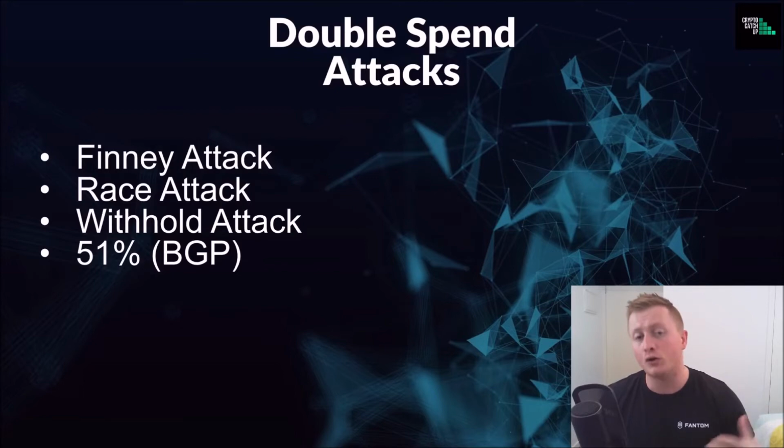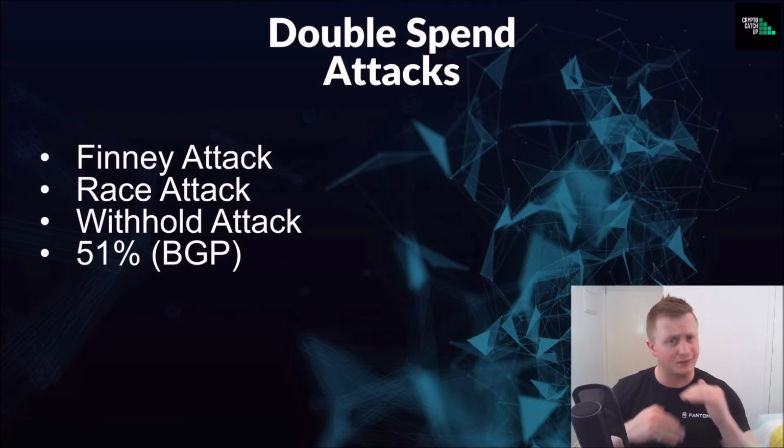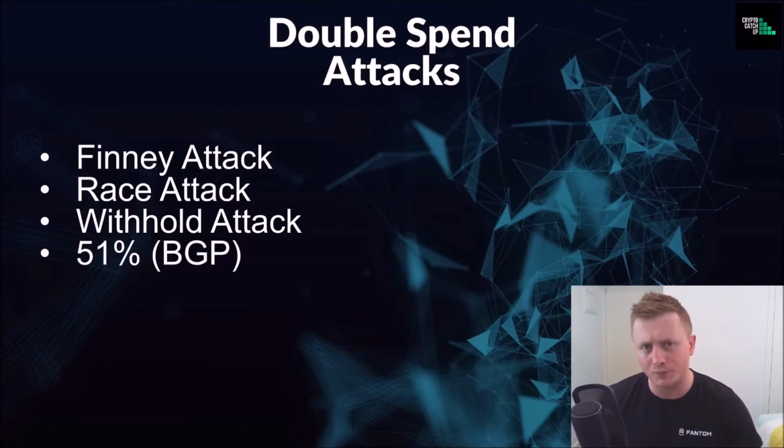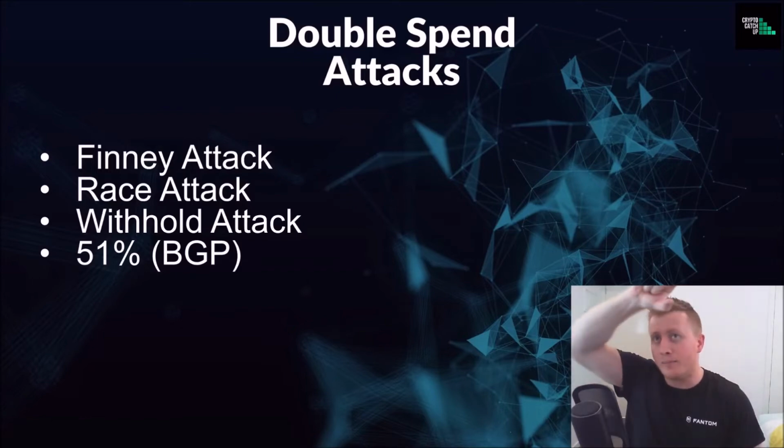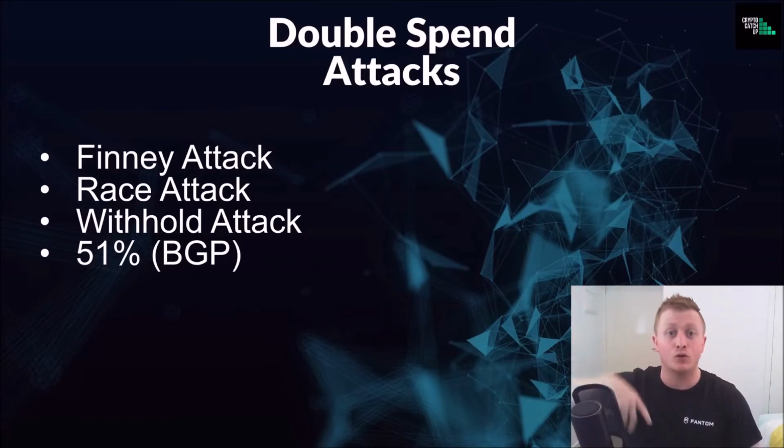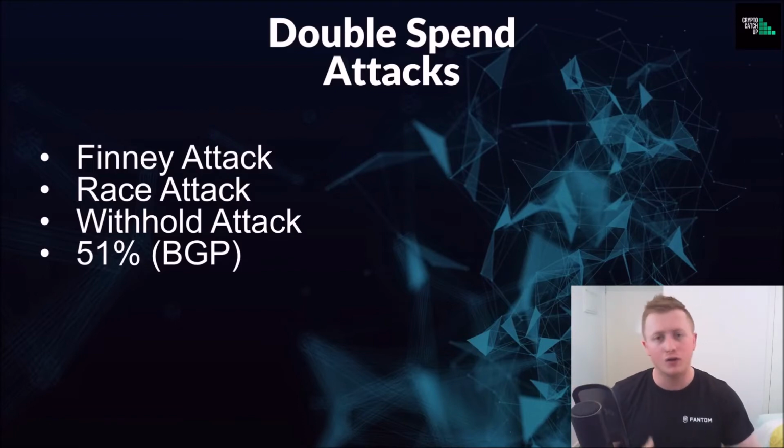Moving on, the withhold attack. The withhold attack is very similar to the Finney and the race, and it takes something from each of them, but it's a lot more computationally expensive and resource intensive to be able to perform. Essentially, you are, as an attacker, mining a whole chain of transactions by yourself. While that's occurring, you're doing double spend attacks to merchants, getting the return.